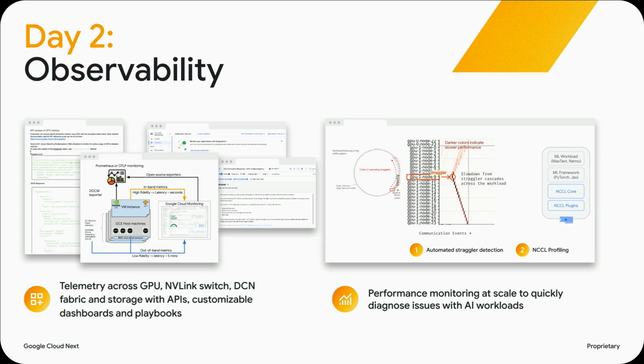The heat map on the right shows that the system is detecting a straggler that has started showing up in your system, and that effect can cascade down to the rest of the cluster. So the goal is to detect those early so that we can then do a repair on them. We also provide playbooks to help troubleshoot some of the common issues, so that you have a starting point if you're doing it on your own.